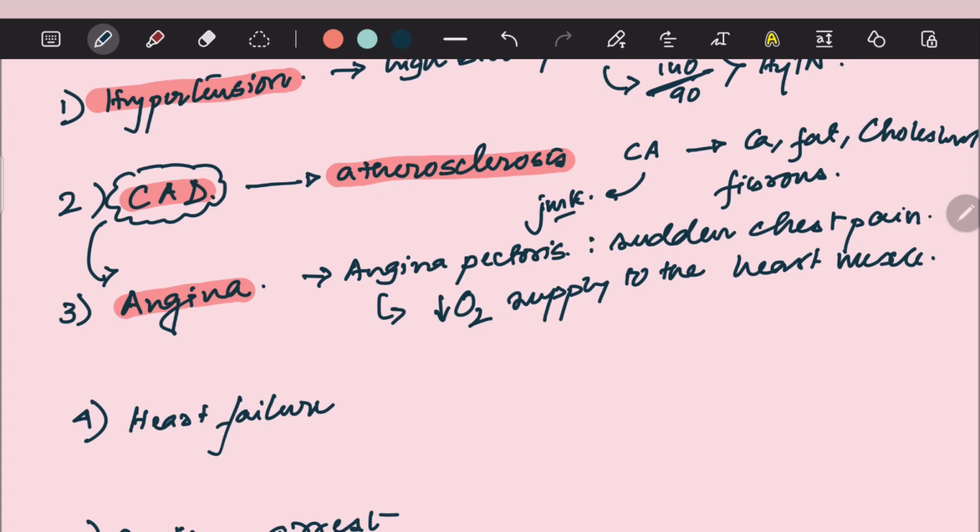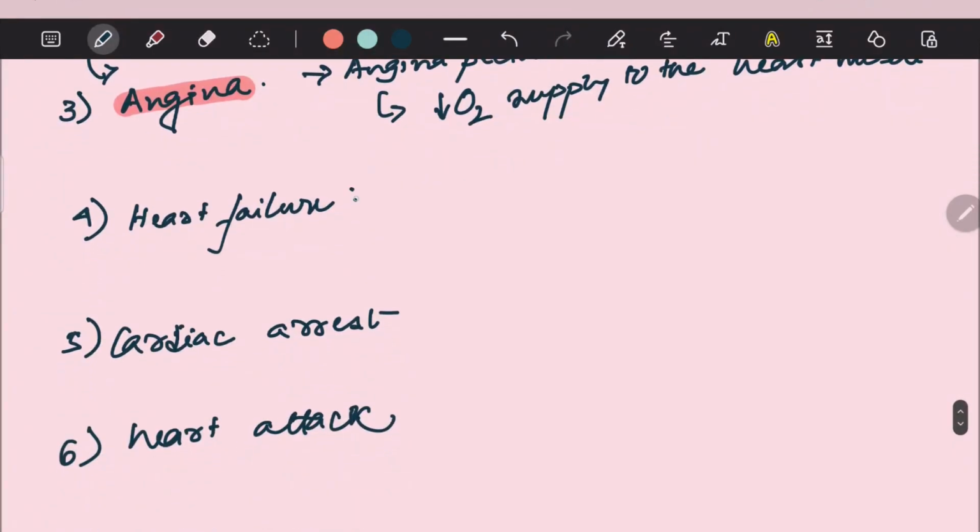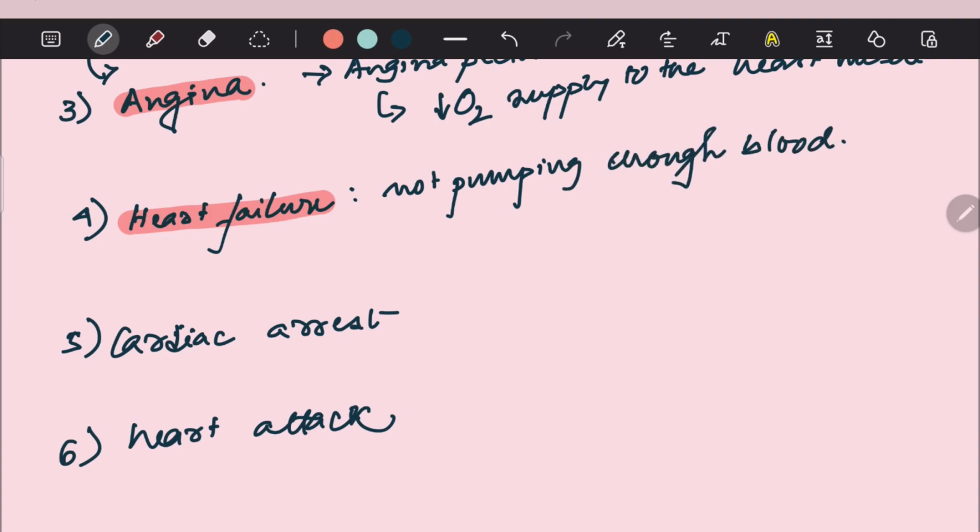Now, the next thing is known as heart failure. What is a failure? It means that the heart is unable to work effectively. The heart's function is to pump the blood effectively to supply blood to every other part of the body. If the heart is not pumping enough blood, it's known as heart failure.